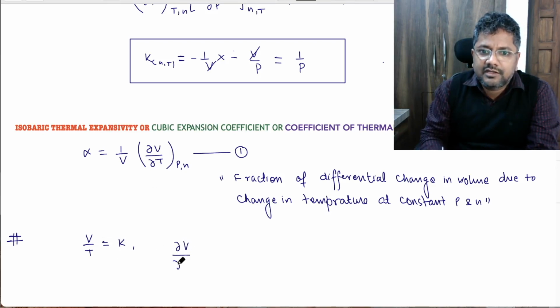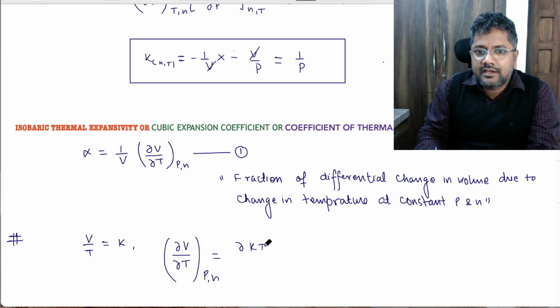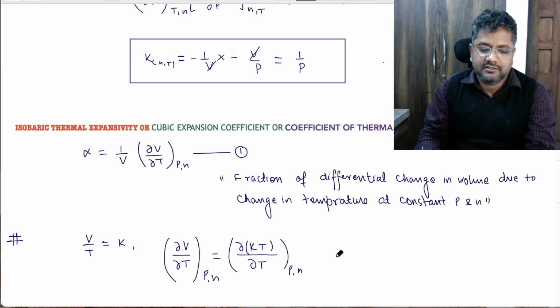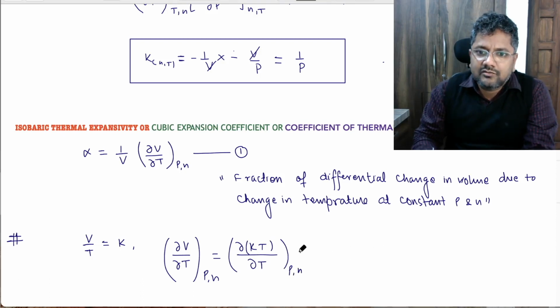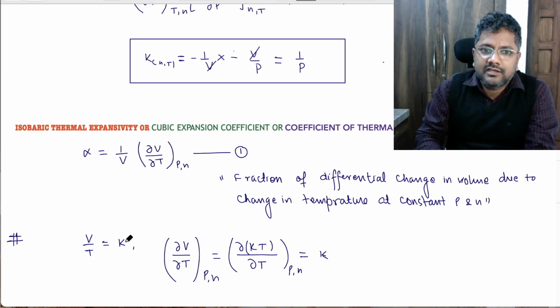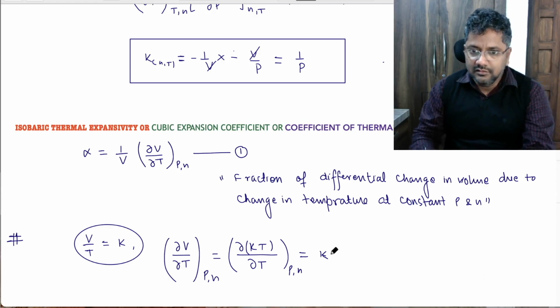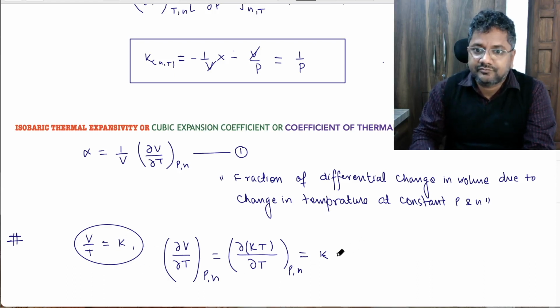So del V by del T at constant P and N is equal to del of KT by del T at constant P and N, right? And this is equal to K, and K is equal to V by T. So this is equation 2.